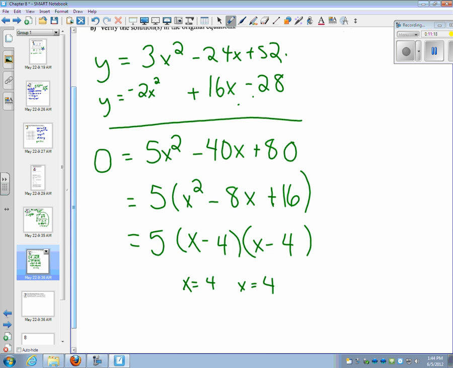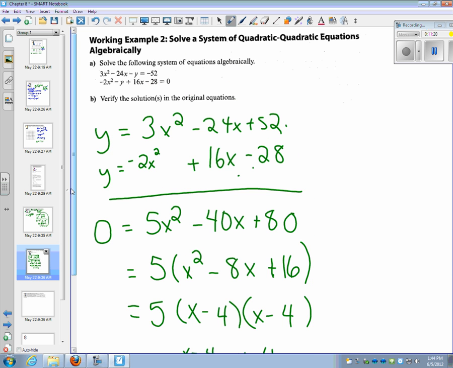Okay, so now what I need to do is I need to sub this into the equation and see what I get for y when x equals 4. So I'm going to put it into this first equation. Let's try that. I have 3 times 4 squared minus 24 times 4 minus y equals negative 52.